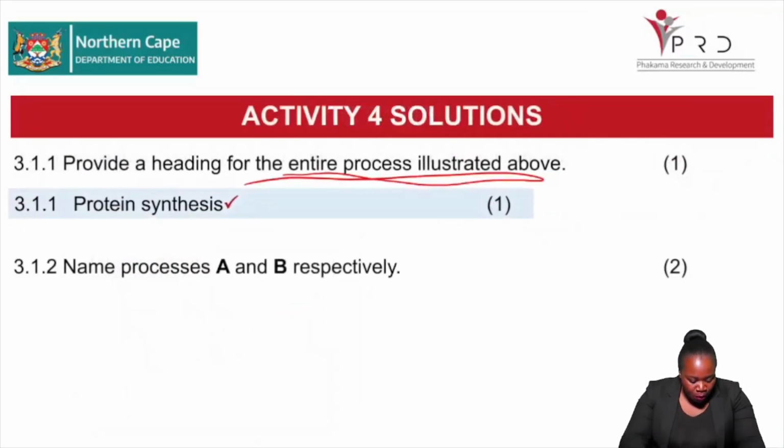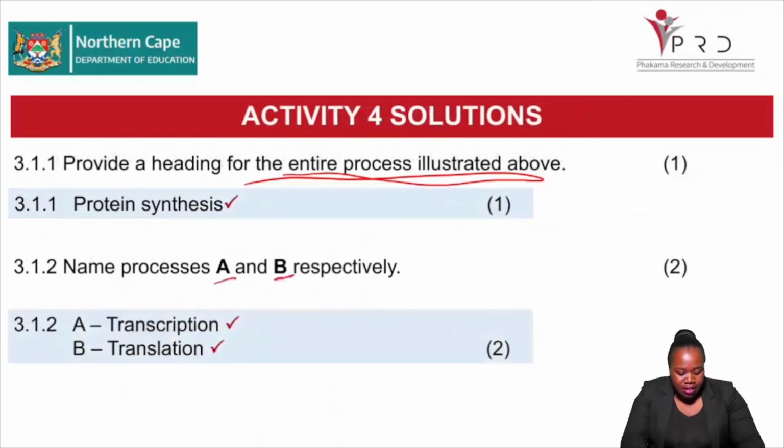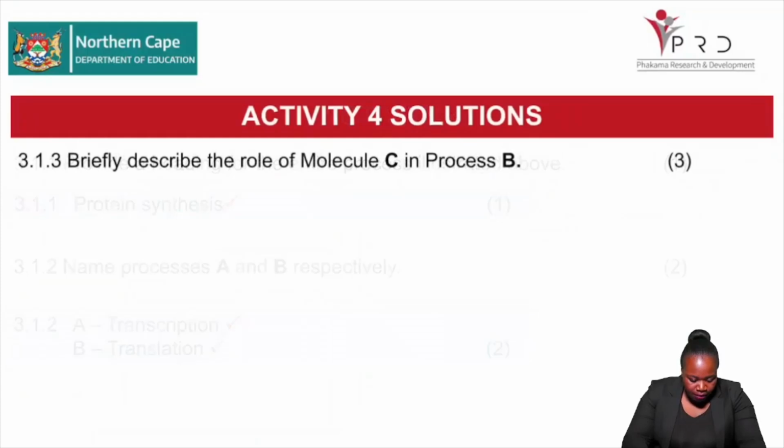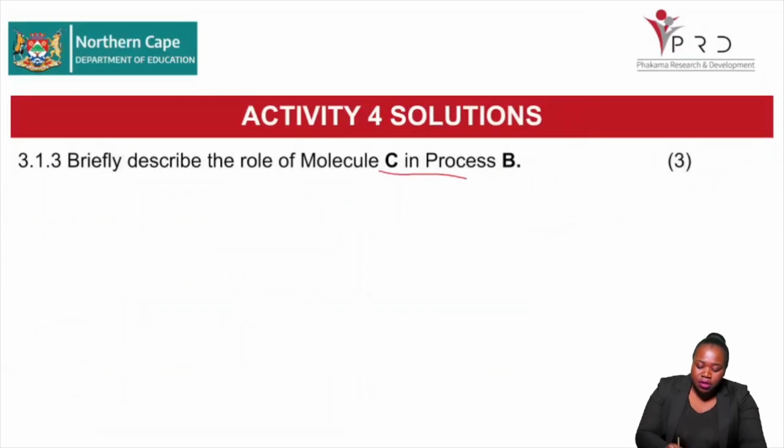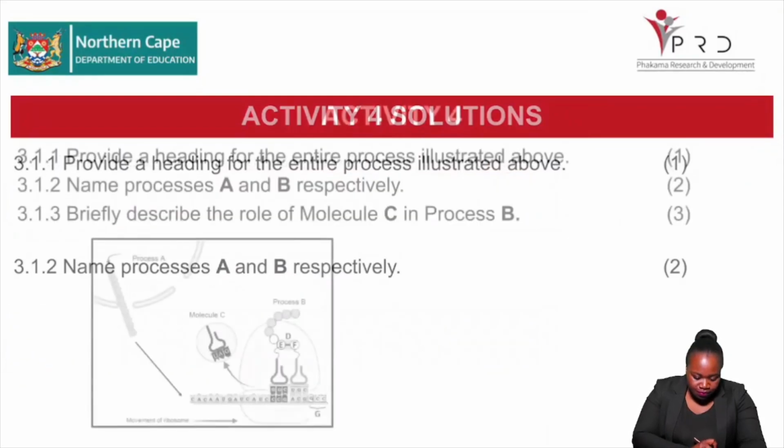And then 3.1.2, name processes A and B. We've already seen that process A is transcription and process B is translation. Okay. 3.1.3, briefly describe the role of molecule C in process B. What is the role of molecule C in translation? First, what is molecule C?